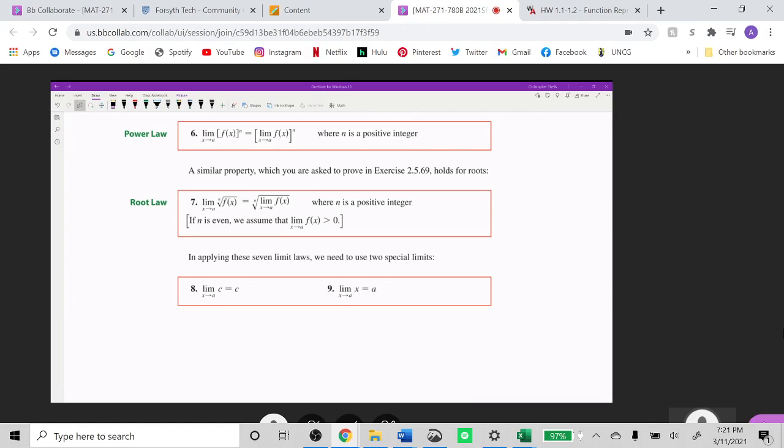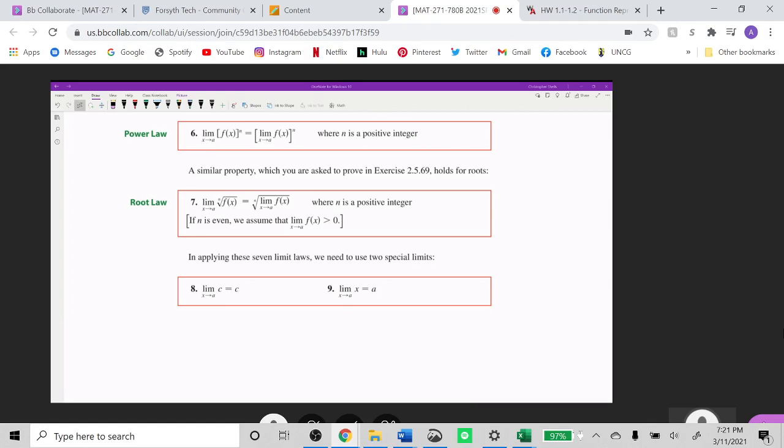It's very mind draining. We have a power law as well. We call it the power law because it's strong. That's a joke. The power law is the limit of a function raised to a power is the limit of that function raised to that power.